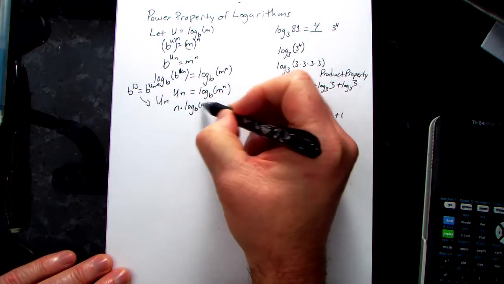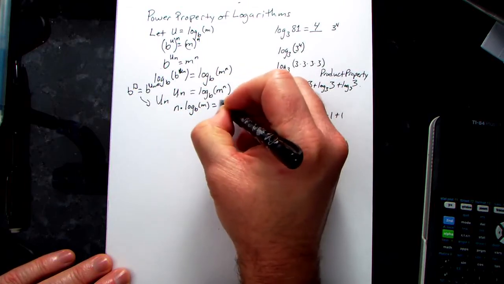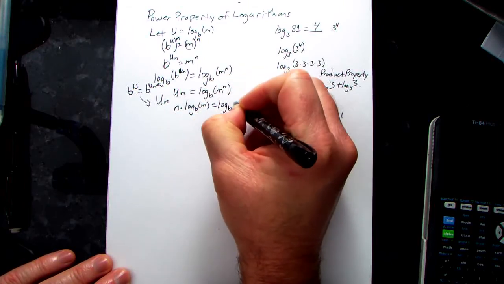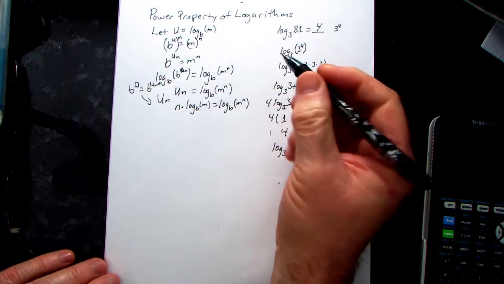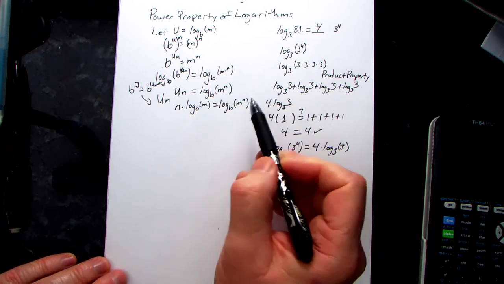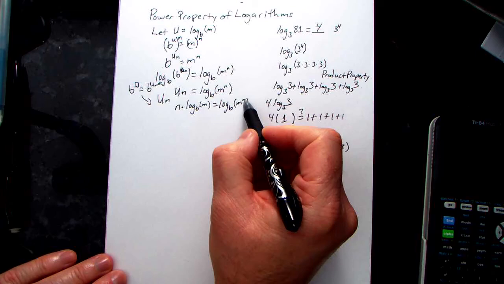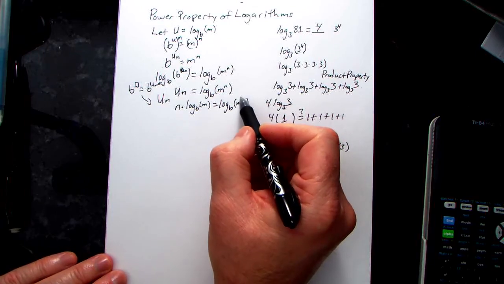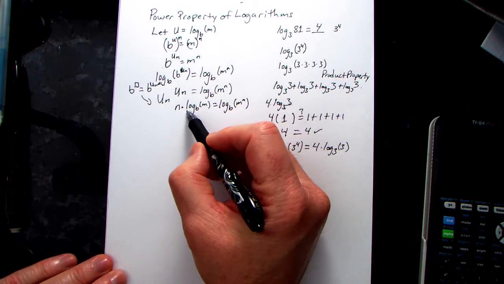That's what this is, u times n. And we just said that u times n was equal to log base b of m to the n. So what we see here is what's called the power property of logarithms, wherein if you have an argument with an exponent, you can move that exponent out of the logarithm statement and turn it into a multiplication.